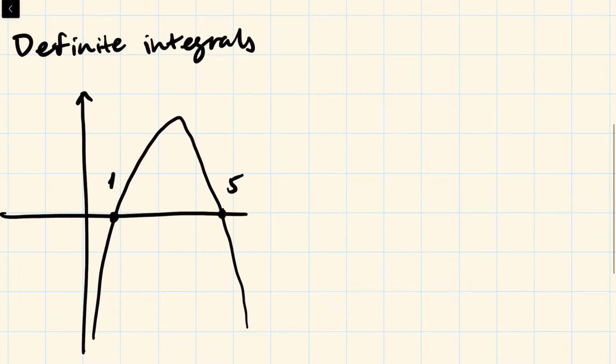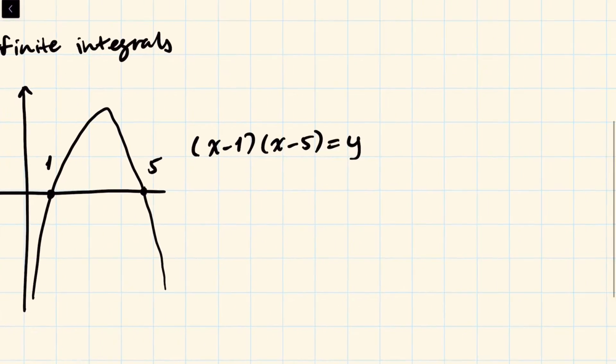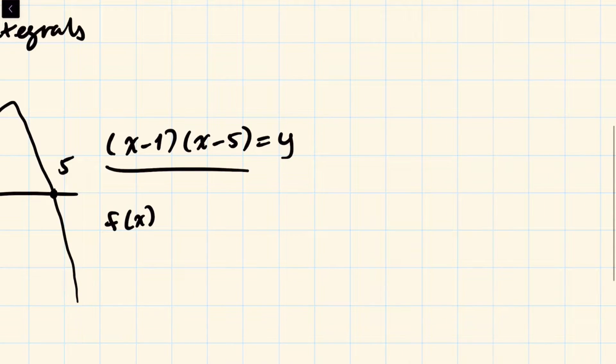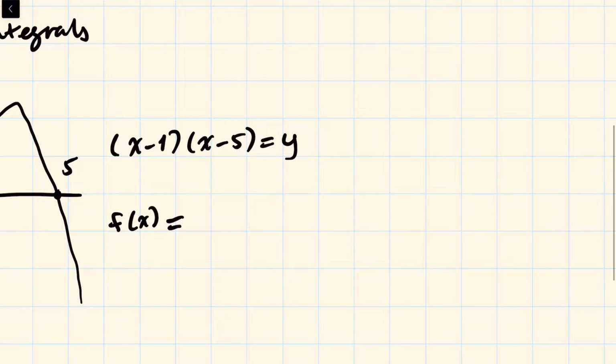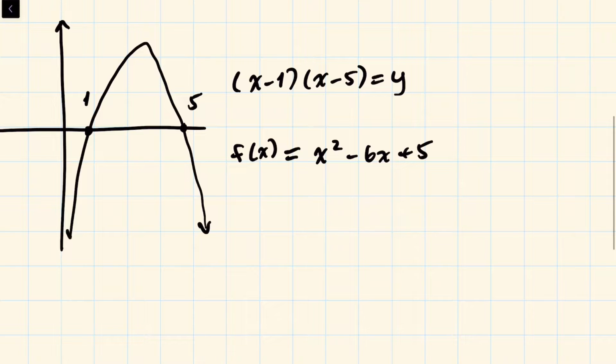So I could make up a quadratic that would represent this graph here. I could say (x minus 1)(x minus 5) equals y. Let f of x equal this, but I'm going to expand it: x squared minus 6x plus 5. Okay, so that's our function here.